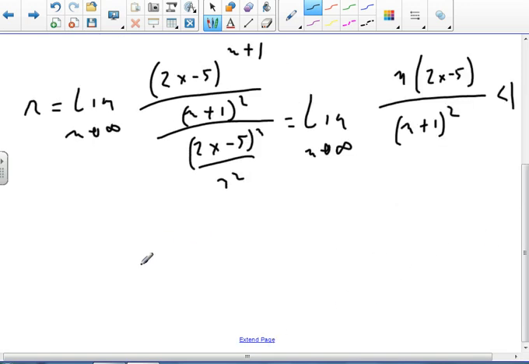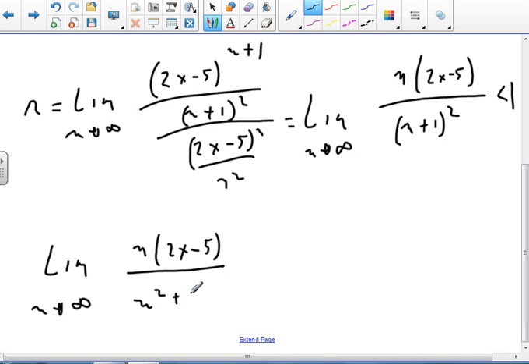Alright, so I've got the limit as n goes to infinity of (2x minus 5) divided by n squared plus 2n plus 1.